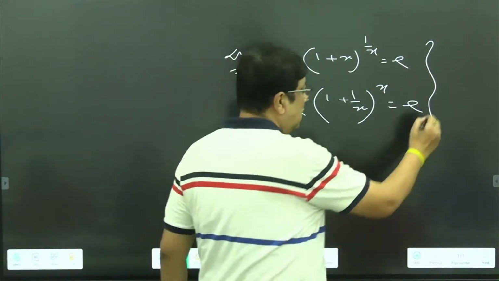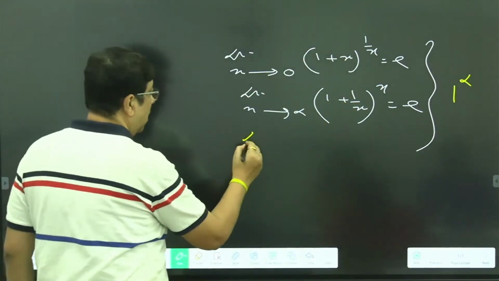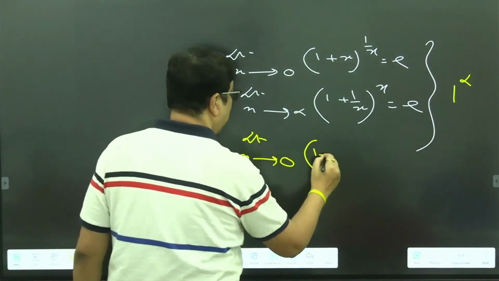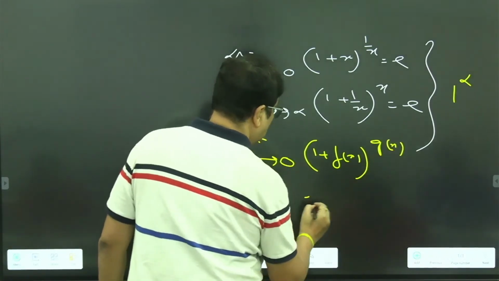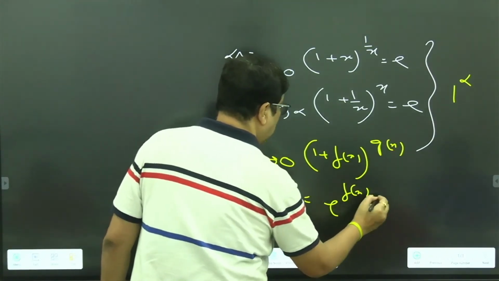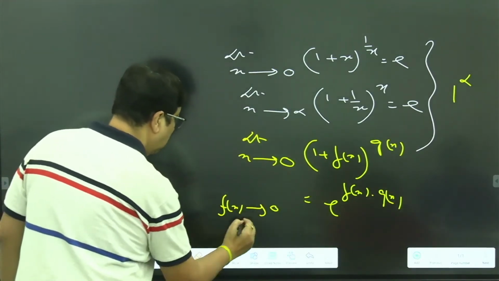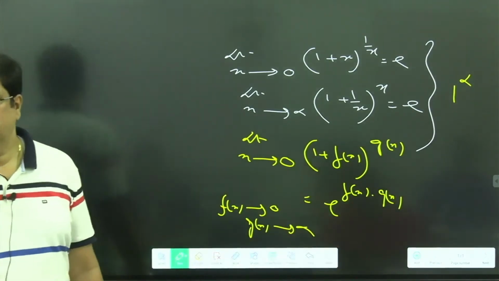So we can write: limit x tends to 0 or infinity, (1 plus f(x)) whole to the power g(x) is e to the power f(x) into g(x), where f(x) tends to 0 and g(x) tends to infinity.